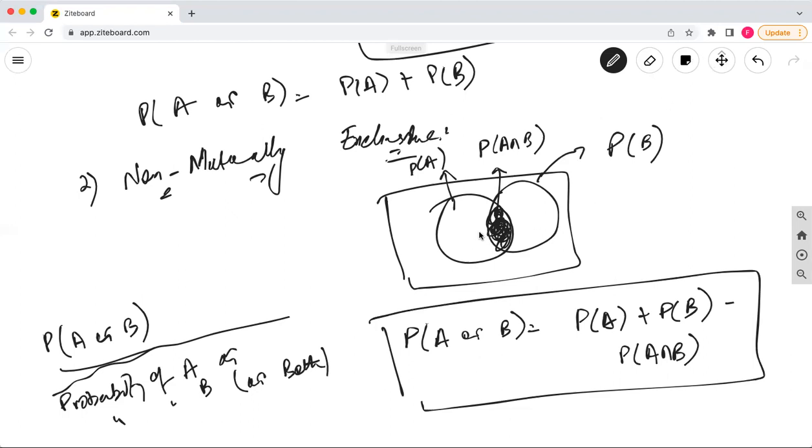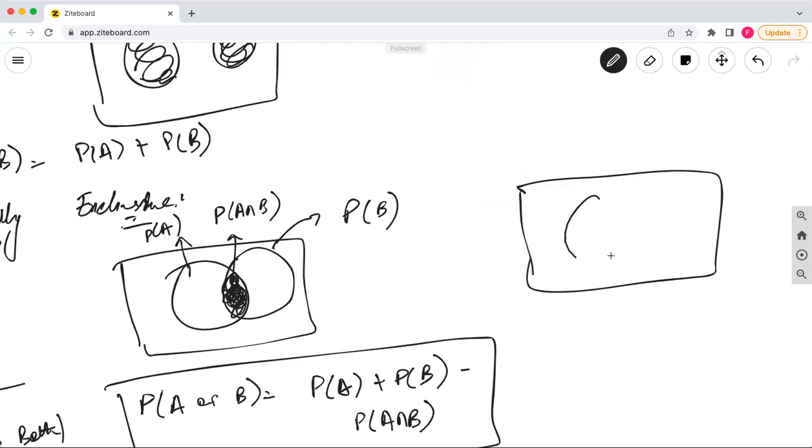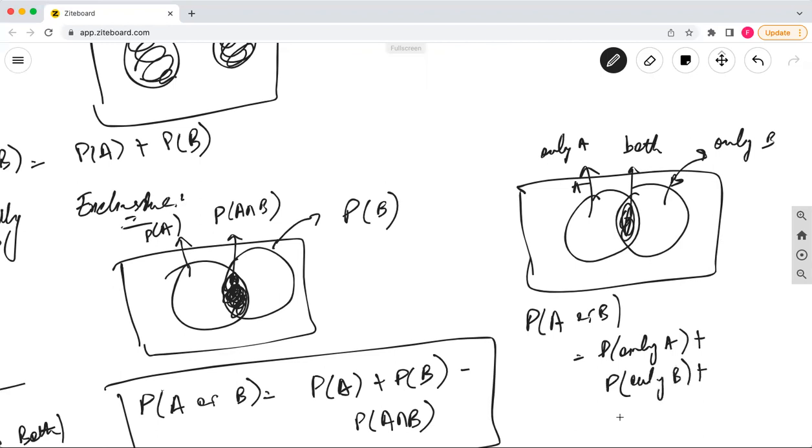And you can also see it this way: if this is a Venn diagram, this is both. For example, this is A, this is B. This is only A, and this side inside is only B. So the probability of A or B will be equal to the probability of only A, plus the probability of only B, plus the probability of both, right?